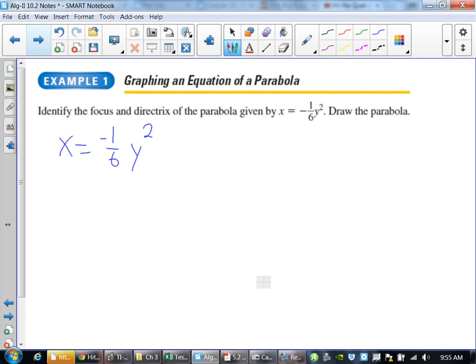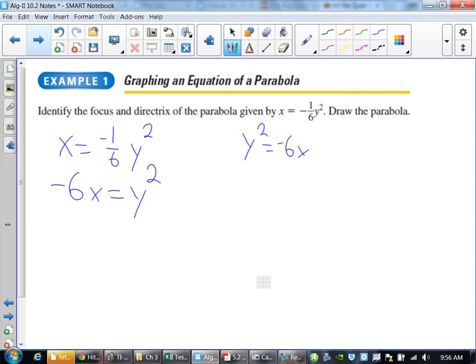I want to get the y squared by itself. How do I move a negative 1/6? It's multiplying, so divide. So negative 6x is y squared. Are you okay if I flip them and write y squared first? So I have y squared equals negative 6x.